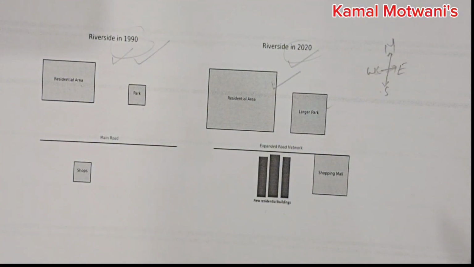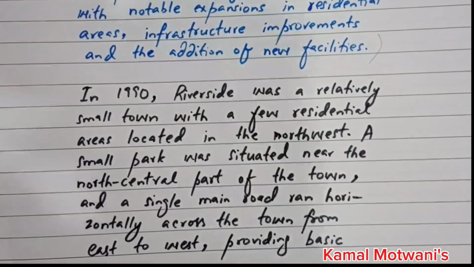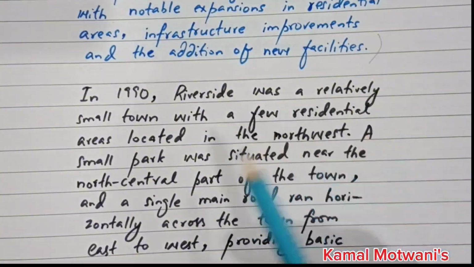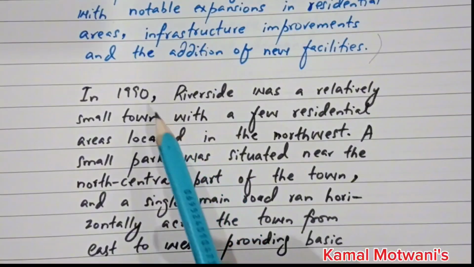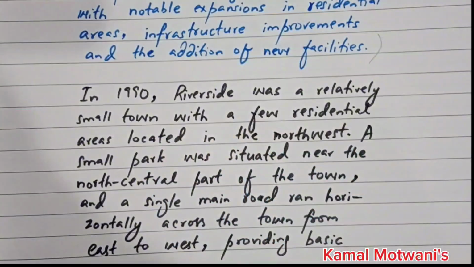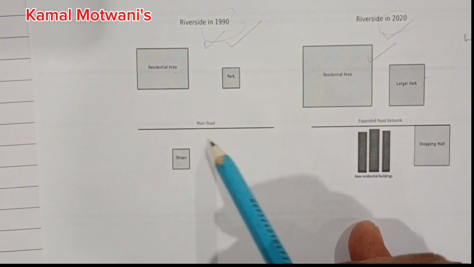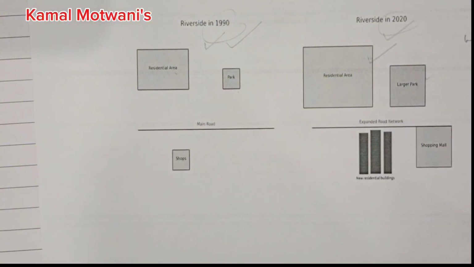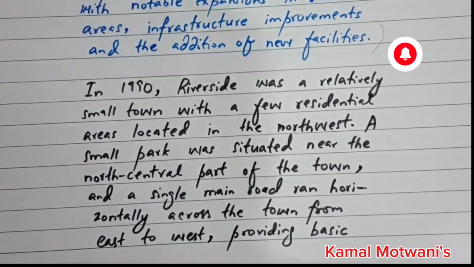Let's read ahead. So here comes the third paragraph regarding explanation 1, which is of Riverside in 1990. You can again go through it before reading this third paragraph. Let's read it.